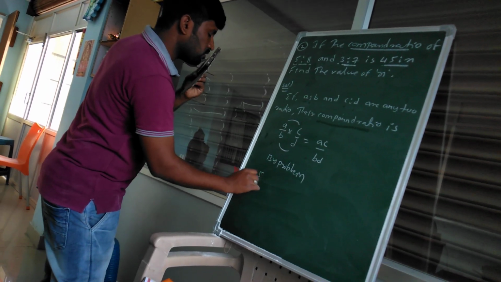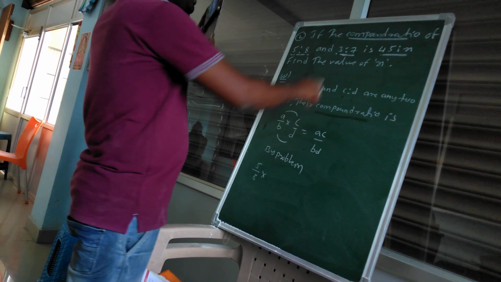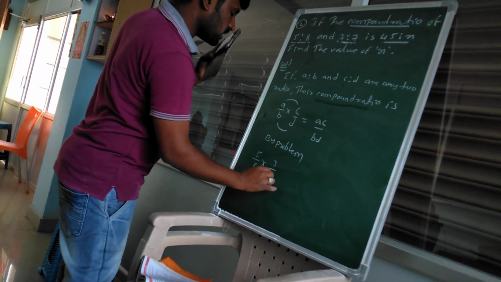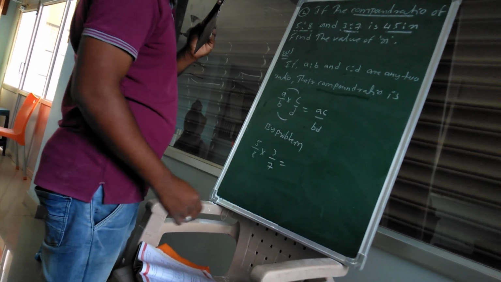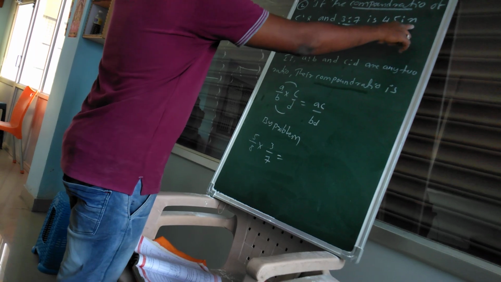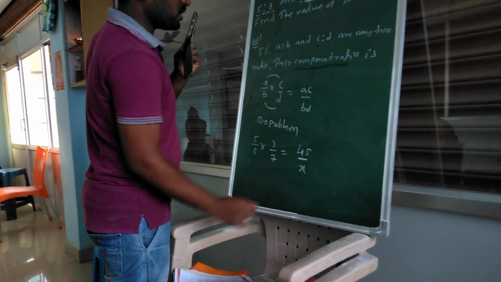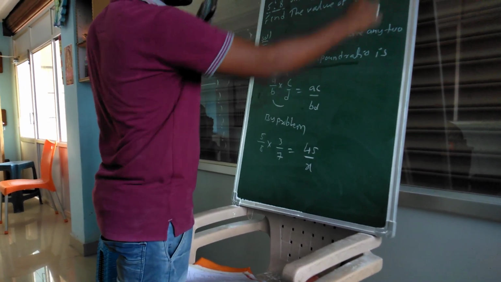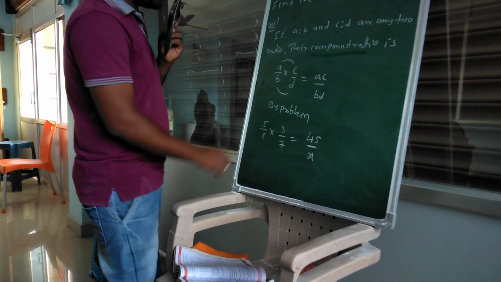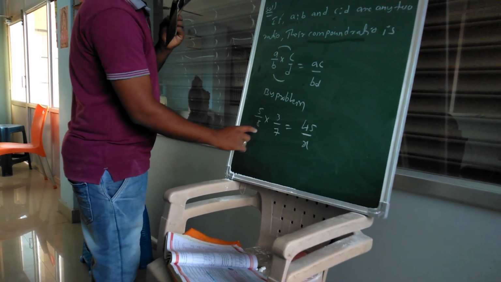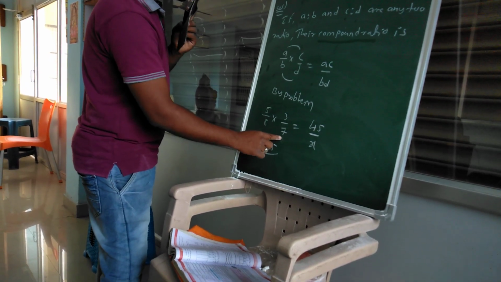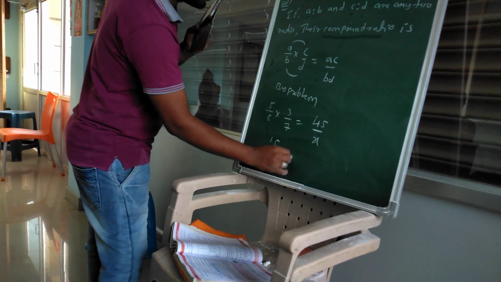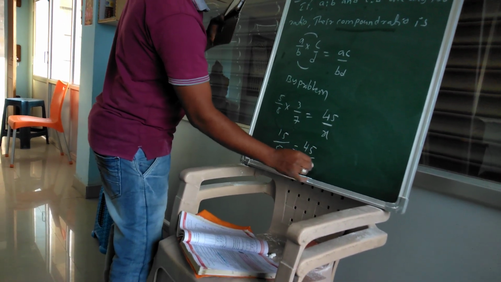5:8 means 5/8 into 3:7 means 3/7. That is, this compound ratio is equal to 45:x, which means 45/x. Okay, now product of their antecedents, product of their consequents: 5 3s are 15 by 8 7s are 56 is equal to 45/x.